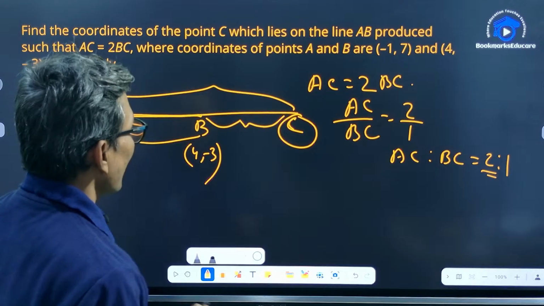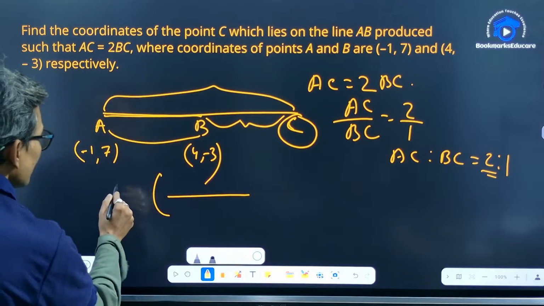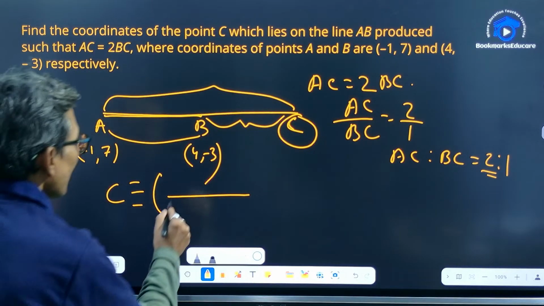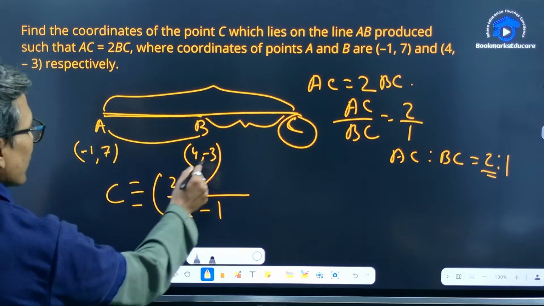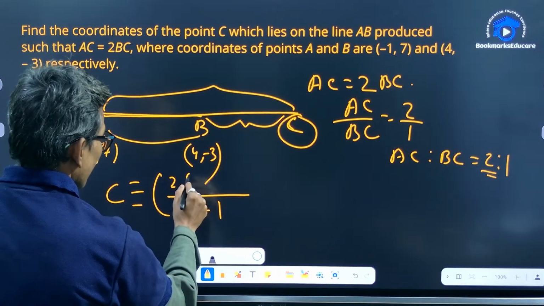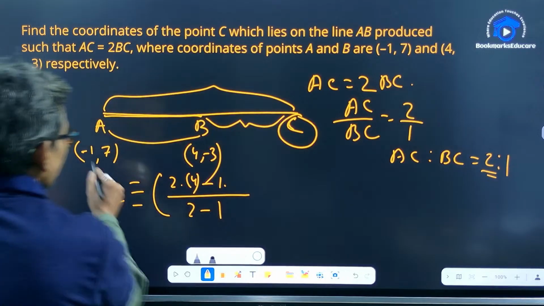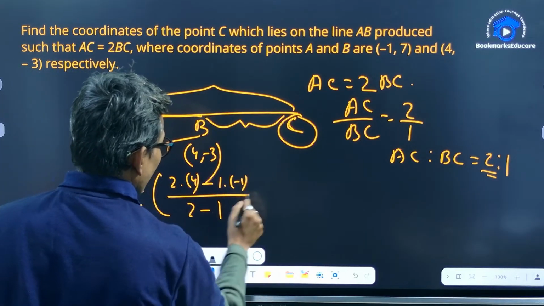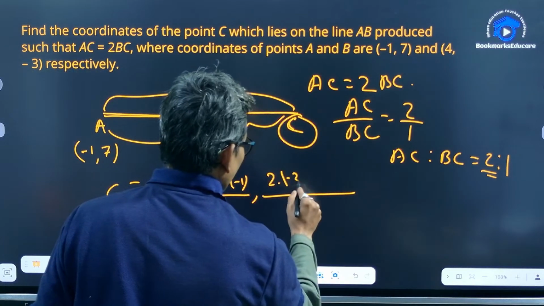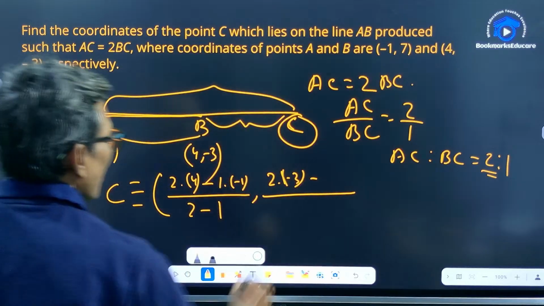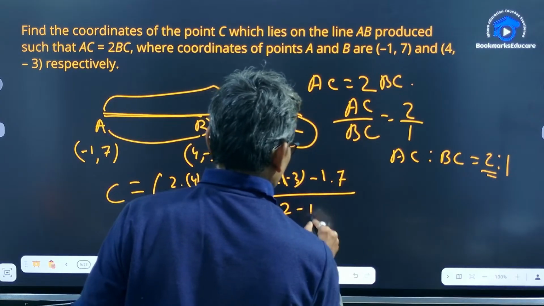So from the section formula we can write the coordinate of C, with ratio 2:1, as (2 into x2 minus 1 into x1, 2 into y2 minus 1 into y1) by 2 minus 1.